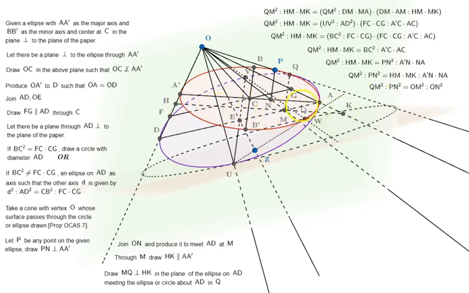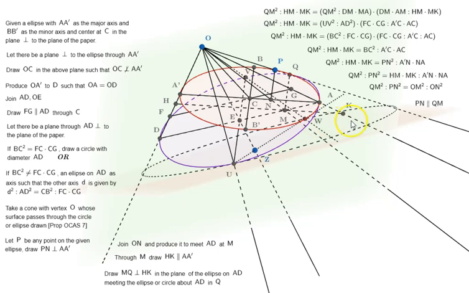HM times MK is to A prime N times NA. That ratio will be the same as the ratio OM square is to ON square. We can look at various triangles and prove that they are similar, and we will arrive at this conclusion, which means QM is to PN is equal to OM is to ON.